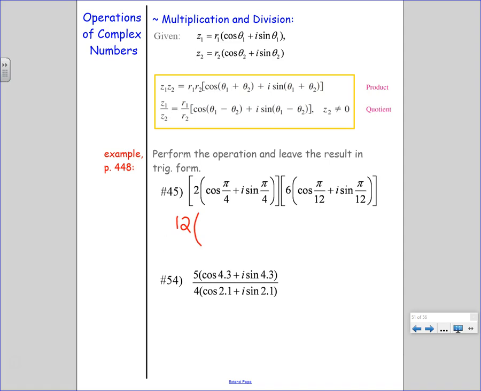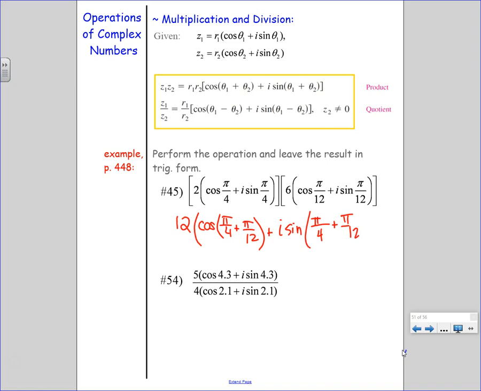After FOILing and simplifying and using all those properties from chapter 5, it's going to end up being a sum formula, cosine of A plus B, plus i sine of A plus B, or U plus V, or theta 1 plus theta 2.